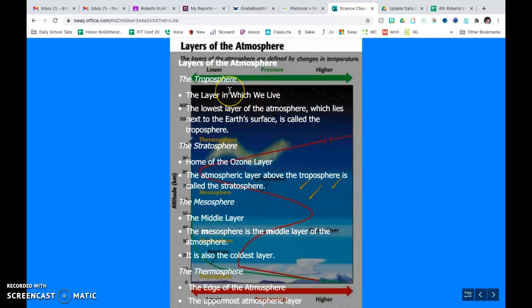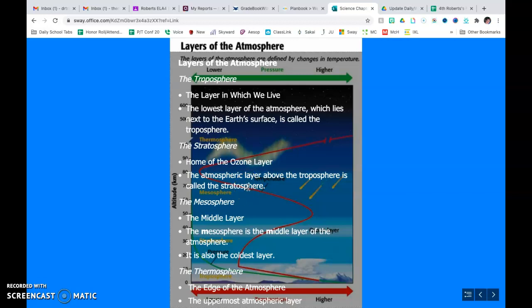So the troposphere, the one closest to the Earth. This is the layer in which we live. The lowest layer of the atmosphere, it lies next to Earth's surface. This is the troposphere. Moving up, we have the stratosphere. This is the home of the ozone layer. So the atmosphere above the troposphere is the stratosphere.